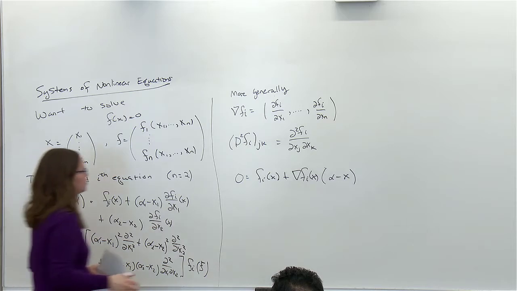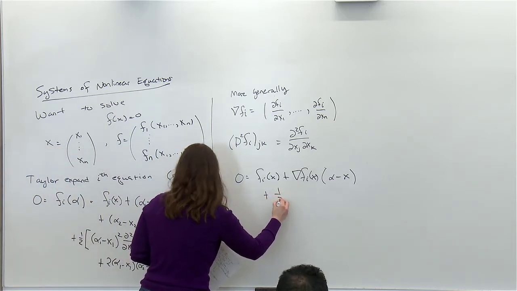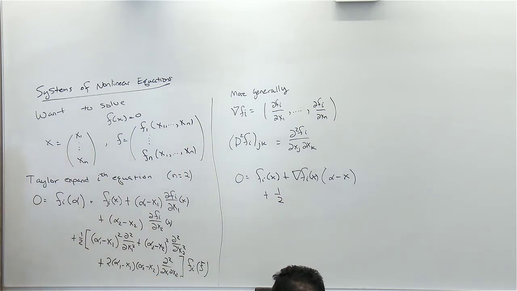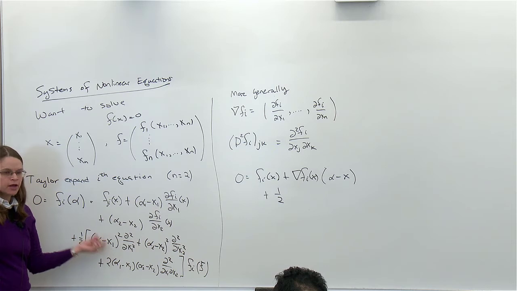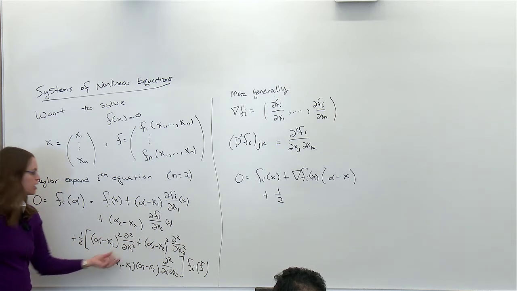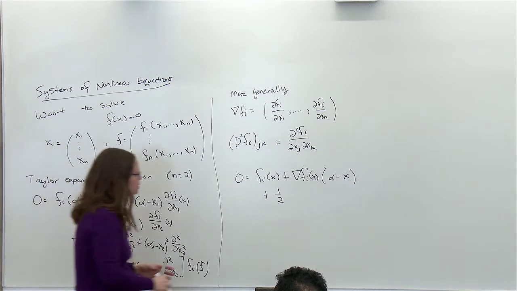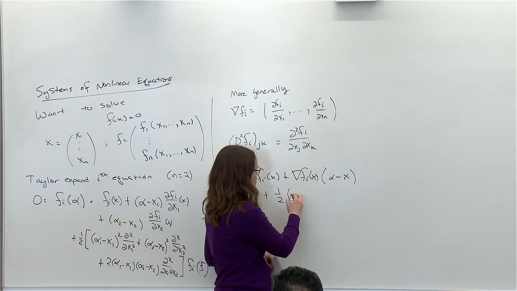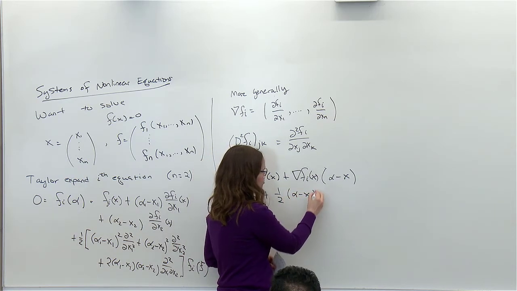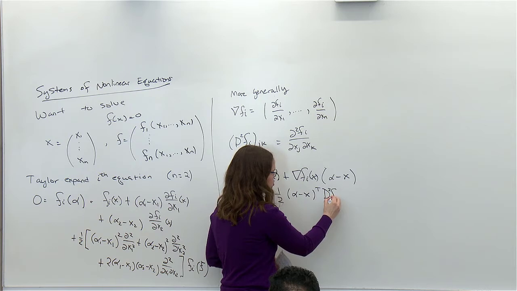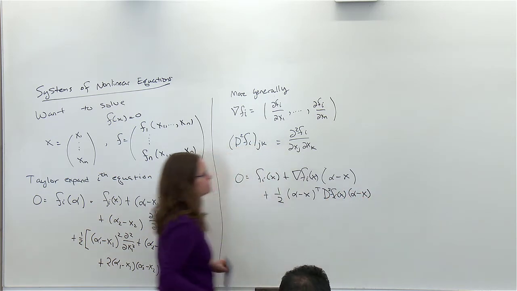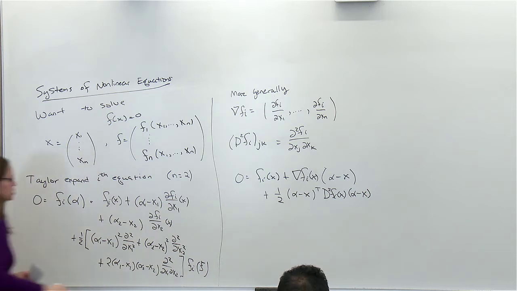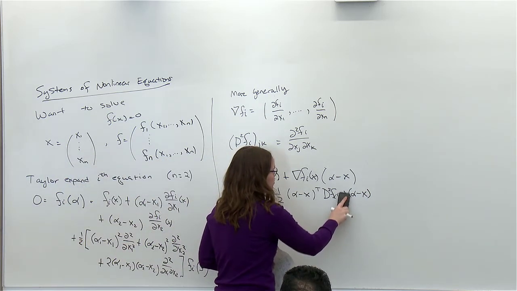And then plus my error term. This is going to be a quadratic in alpha minus x, and it involves this Hessian matrix. So we have alpha minus x transpose times the Hessian times alpha minus x. The Hessian not at x, but at some point c.